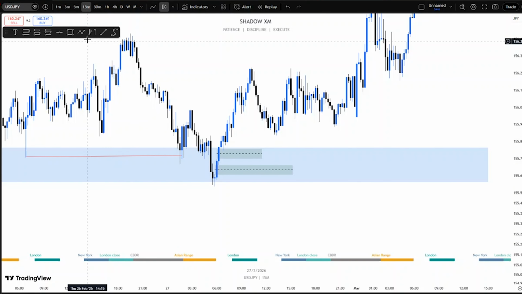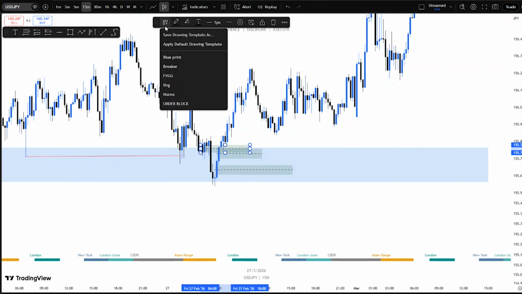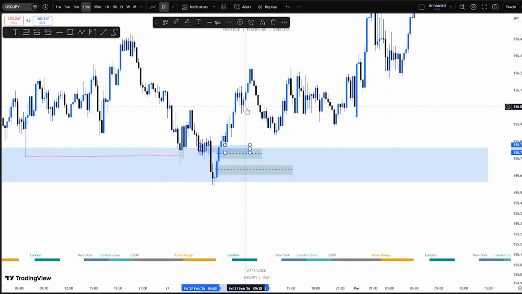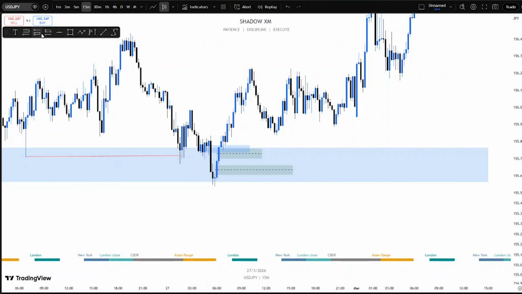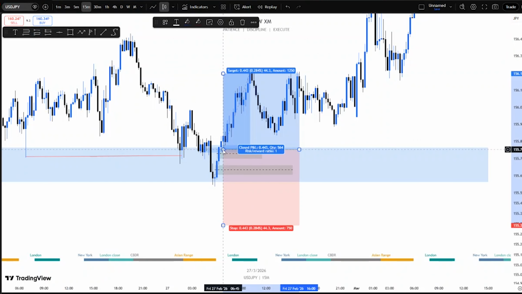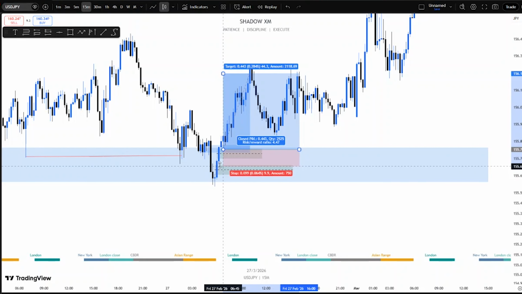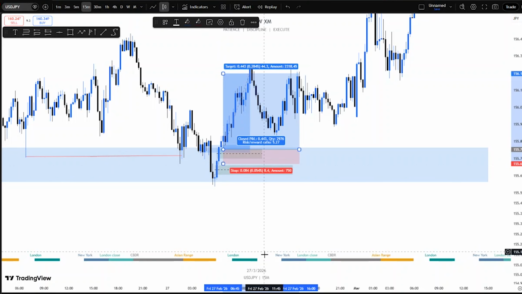But basically, if you are to use this, the market will tap from this zone here. Then your SL should be below. Did I use this or this SMT here? You understand?